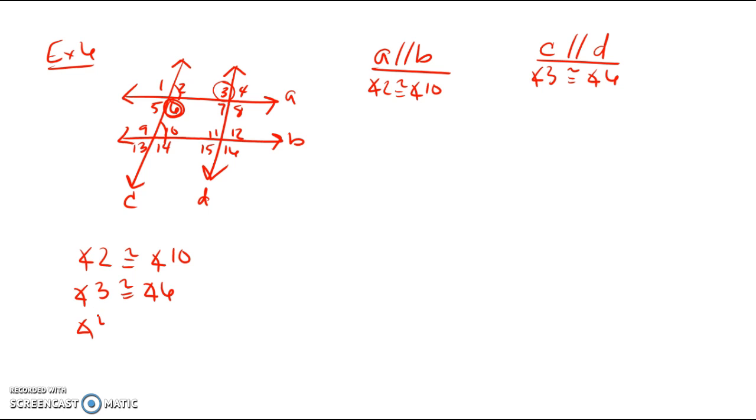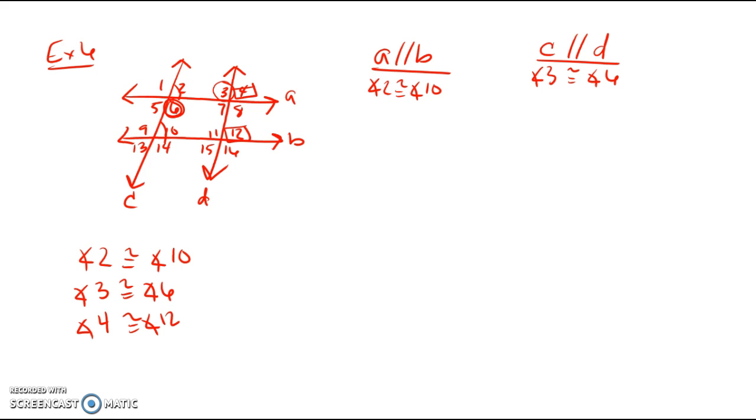Let's do another one. Angle 4 congruent to angle 12. So here is angle 4. We'll put a square here, and here is angle 12. So looking at this, we are on the same side of our line D, and we're sitting on top of line A and on top of line B. And so that means that we've got corresponding angles here.